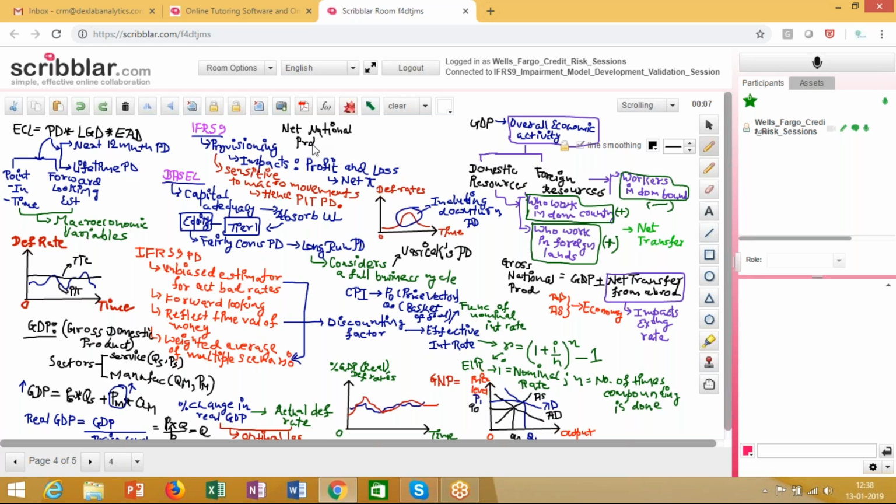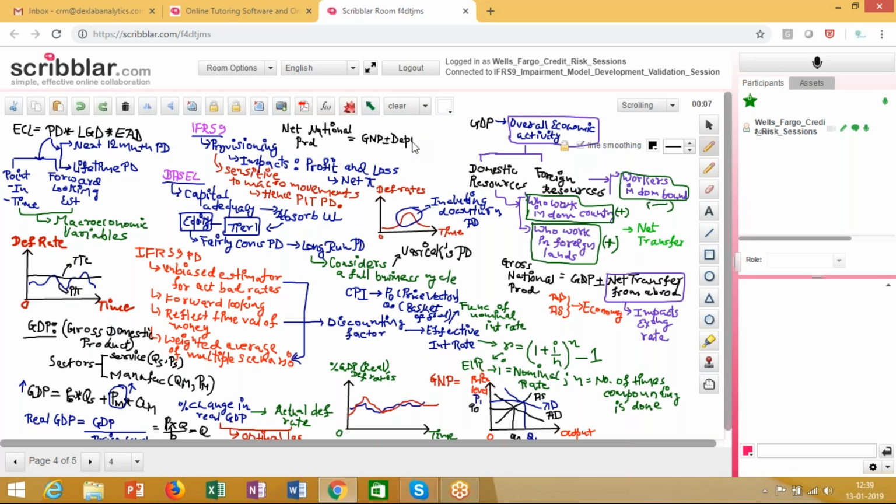So this will give us a clearer picture of the income which is being generated within the economy. So GNP plus or minus the depreciation is your net national product.